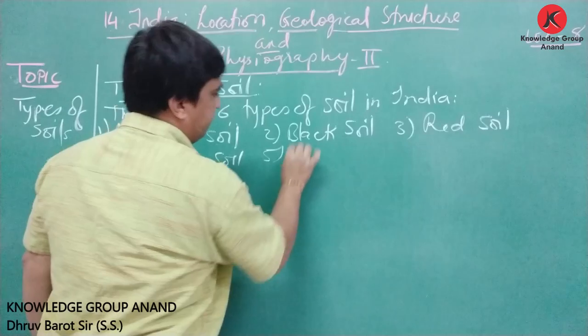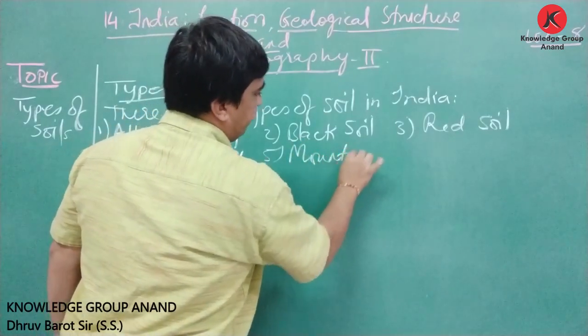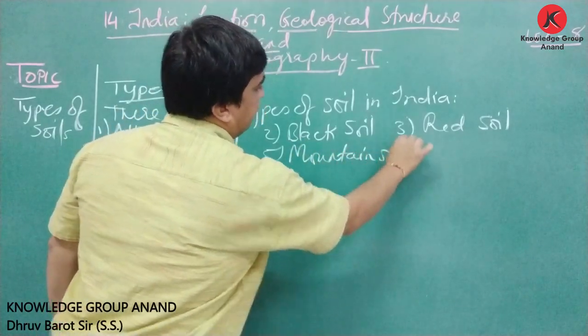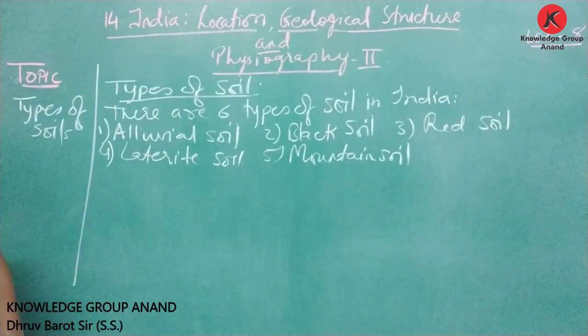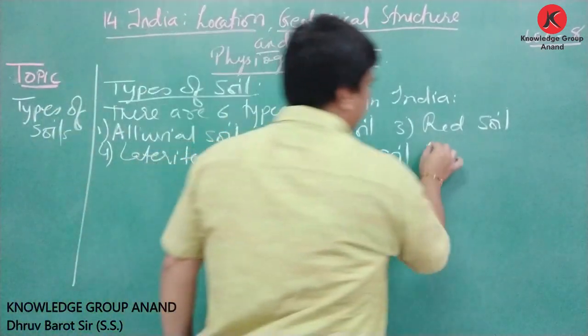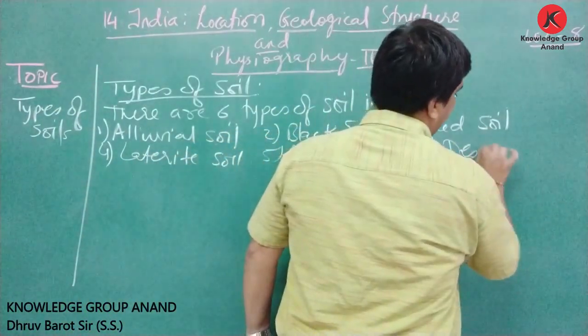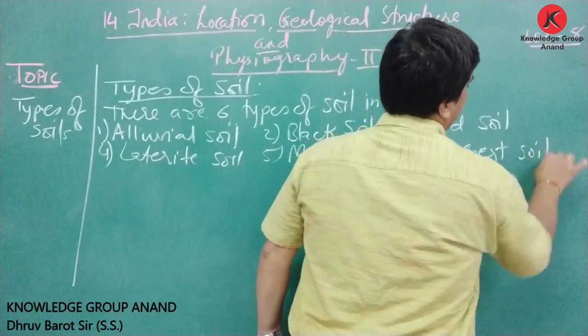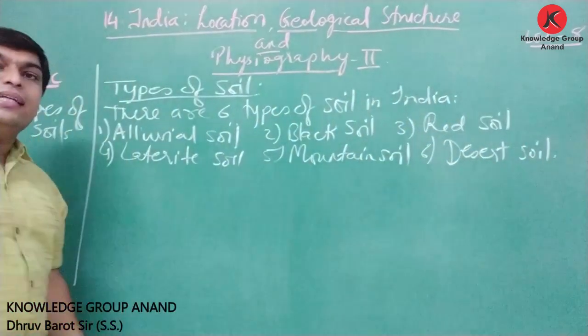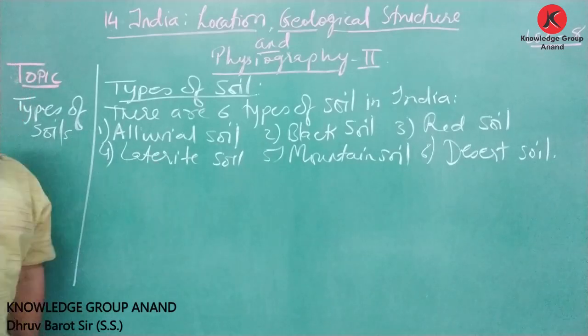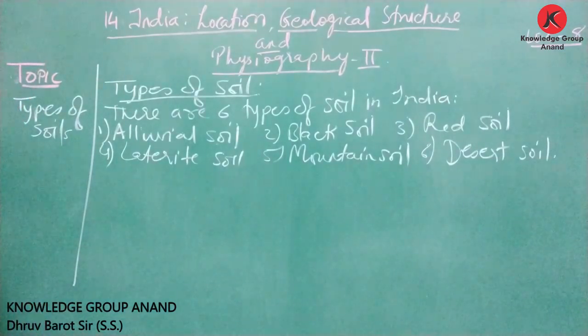Fifth, mountain soil, and the sixth one is the desert soil. These are the 6 types of soil that are found in India.